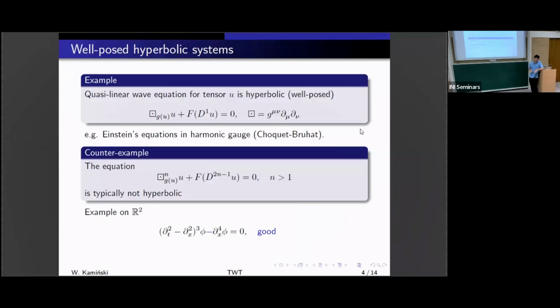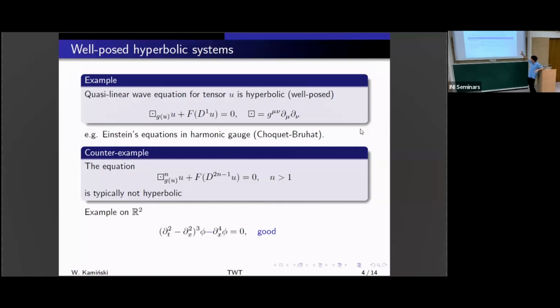So my talk will be based on some property that, if one doesn't pay attention, is easy to overlook. Let's look at two examples of something that one could expect to be a hyperbolic system.